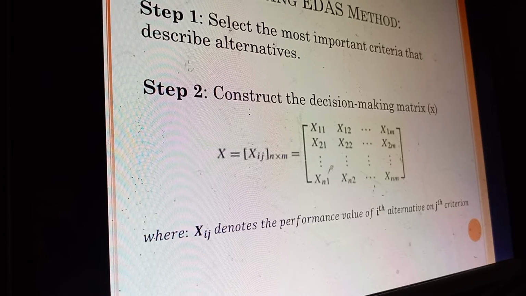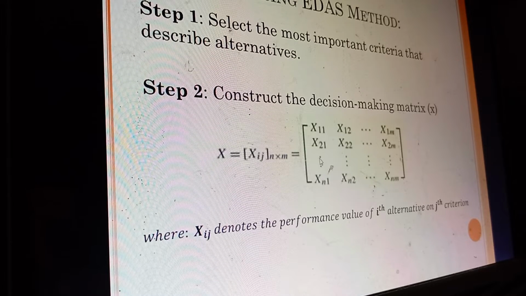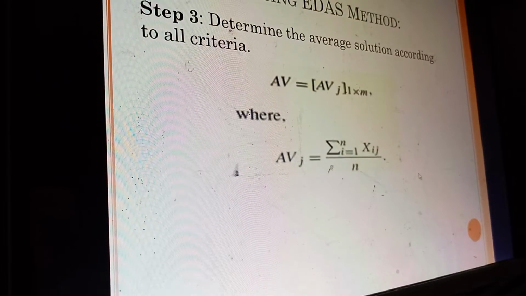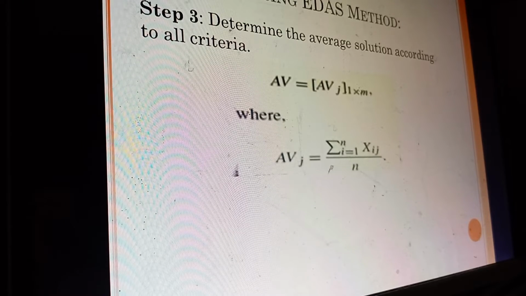So for example, if these are the criteria, then we have to calculate the average for each one, for all of these criteria. Step 3, determine the average solution according to all the criteria, using the formula shown in this figure.